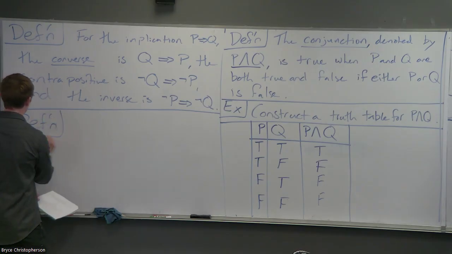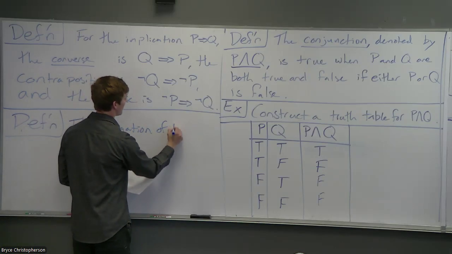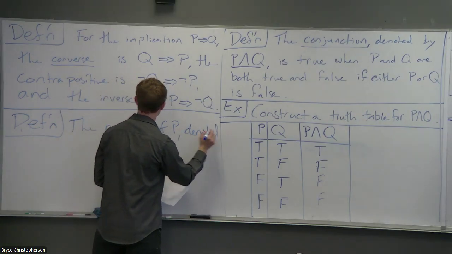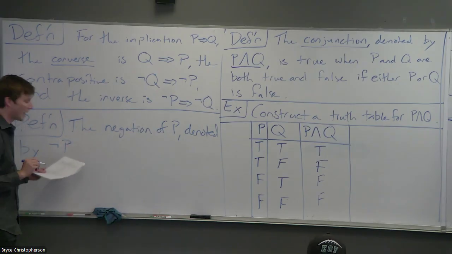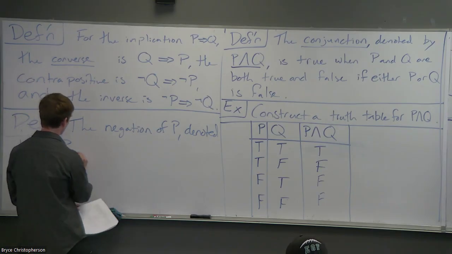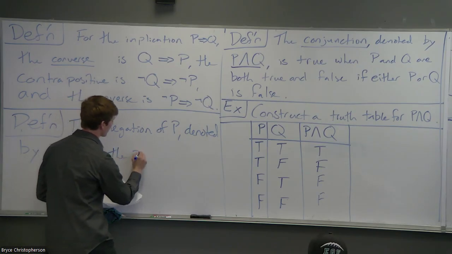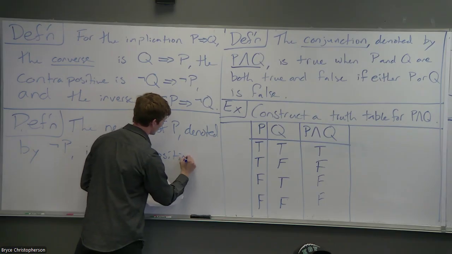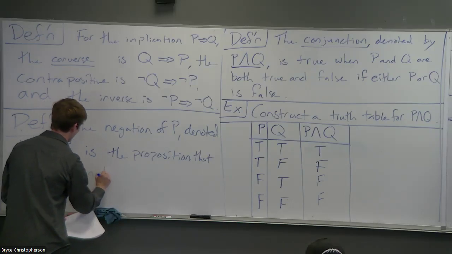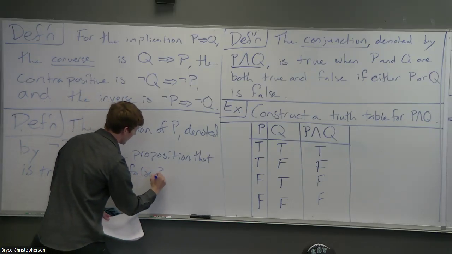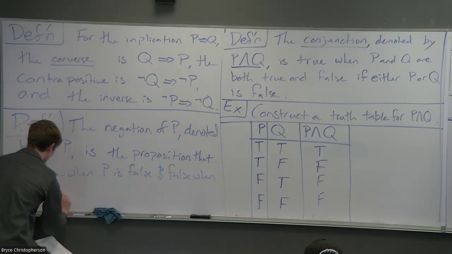Definition: the negation of P, denoted by this symbol, which looks like a minus sign with a little bent end, is the proposition that is true when P is false, and false when P is true.